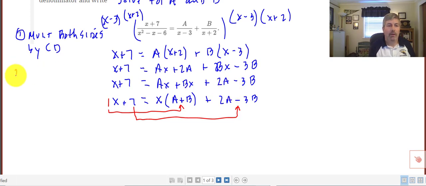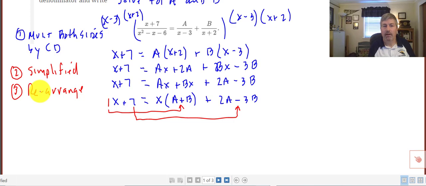I'm going to go back a little bit and make some quick notes about what our process was. So we multiplied both sides by the common denominator, we simplified, and we rearranged our x's together here so we could factor out the x.